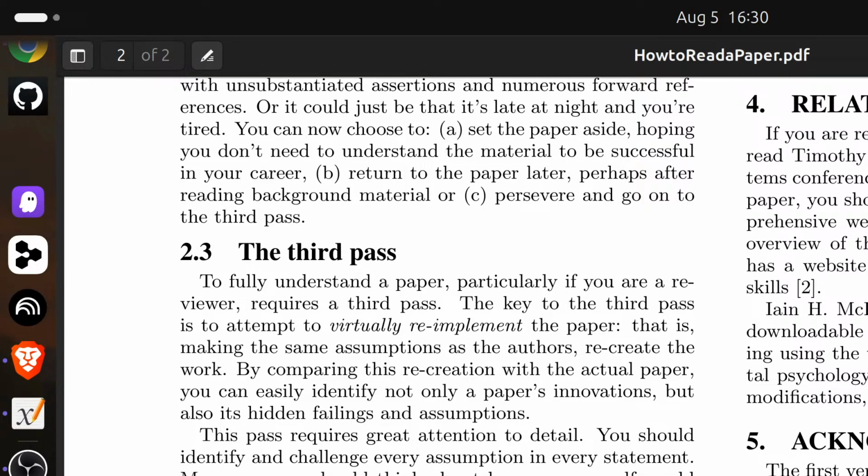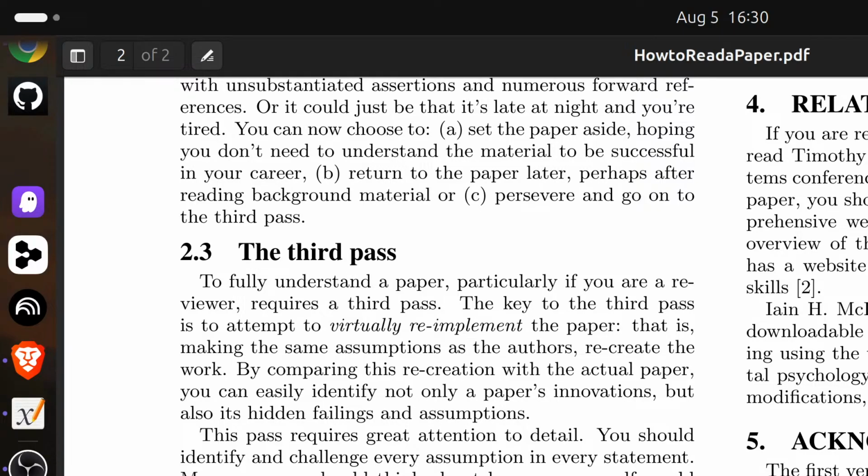The key to the third pass is to attempt to virtually re-implement the paper, that is, making the same assumptions as the authors.